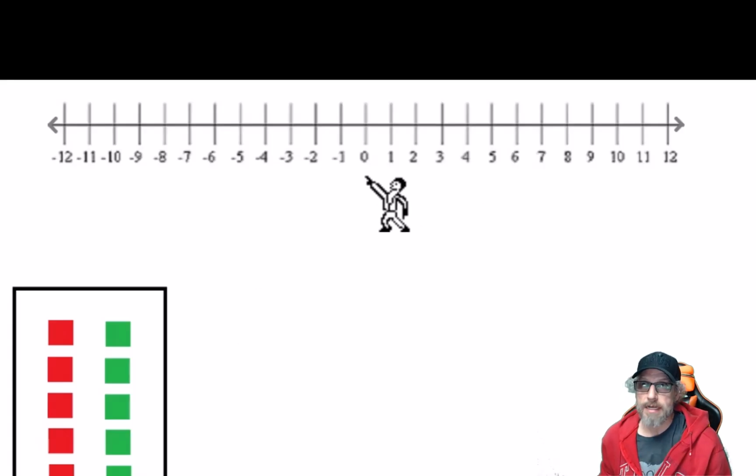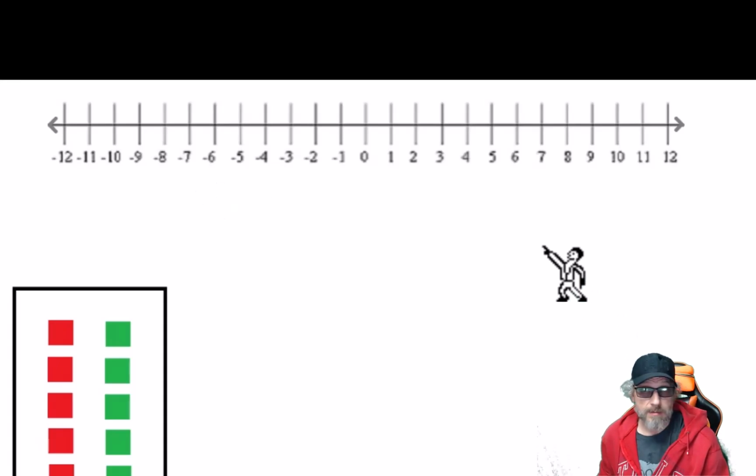And 0 is right in the middle. You could think of 0 as its own opposite. So there's no positive or negative 0. However way it shakes out, a positive 0 or negative 0 is just 0. But aside from 0, we have whole numbers 1, 2, 3 increasing, and then we have the opposites, -1, -2, -3, and so on decreasing.